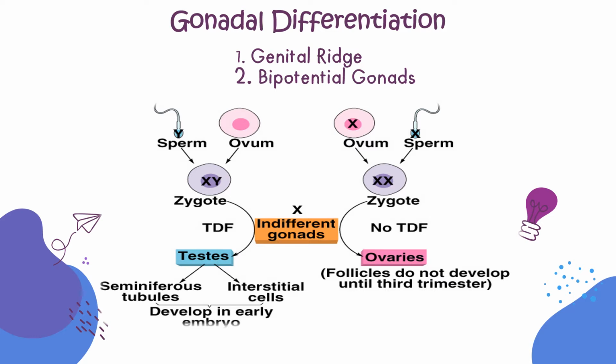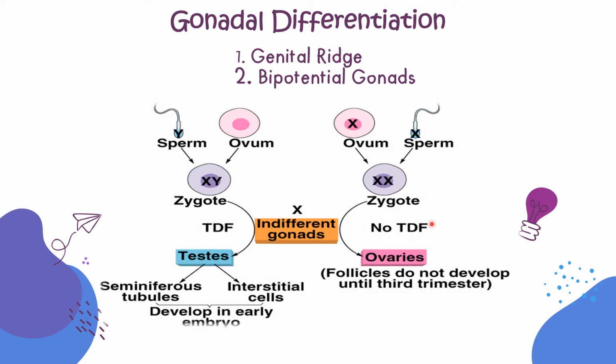The Y chromosome plays a key role in testicular differentiation, whereas in the genetic female, which has a 44 XX chromosome embryo, the bipotential gonads differentiate into ovaries by about the 10th week of gestation in the absence of the testis determining factor, shortly called TDF.